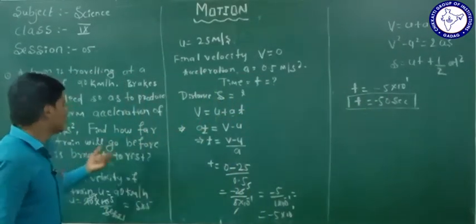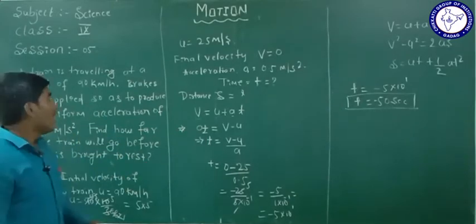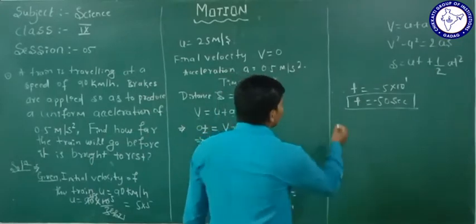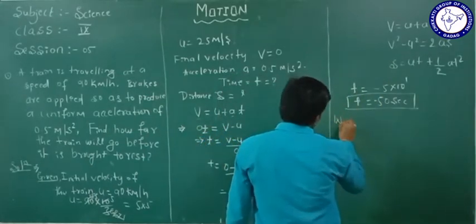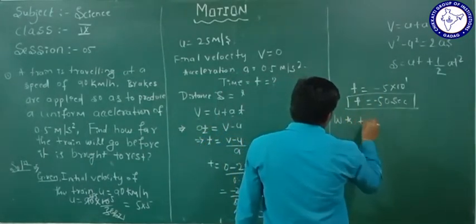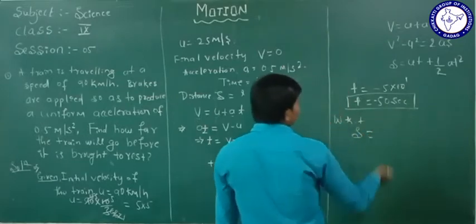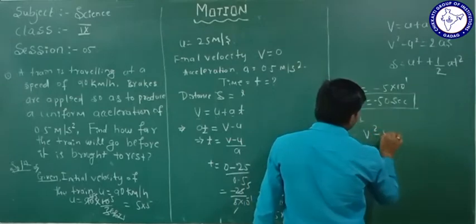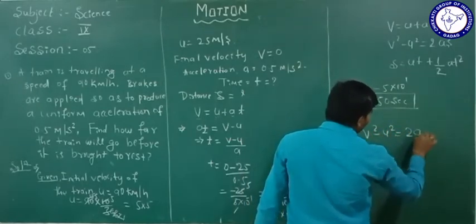What they actually asked is the distance travelled by the train after applying the brake, that is s is equal to what. Now we have to find it by the expression v square minus u square is equal to 2as.